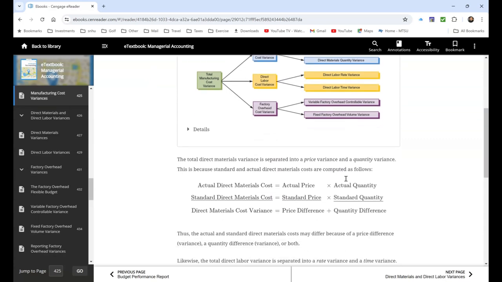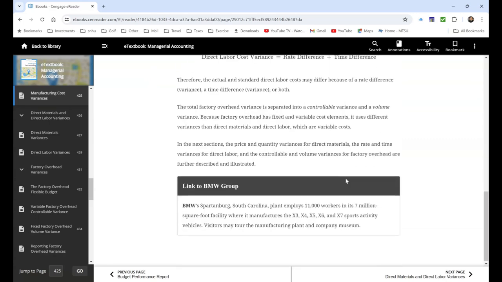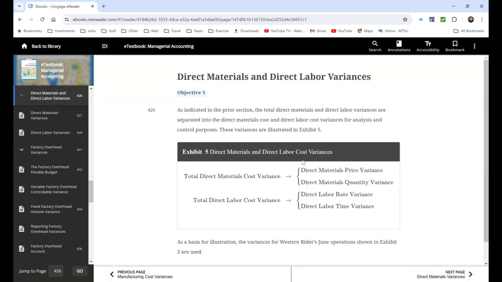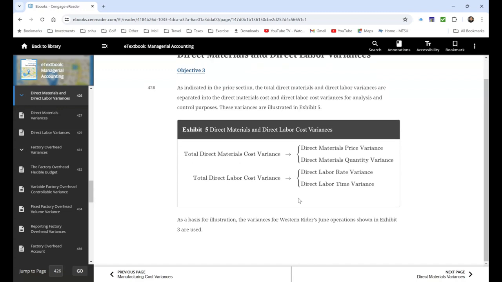Okay, so direct materials cost variance is direct materials price variance plus direct materials quantity variance. Okay, same thing with labor. So again, we're only going to look at the materials because if you can understand this, then this is simply applying the math to the direct labor.